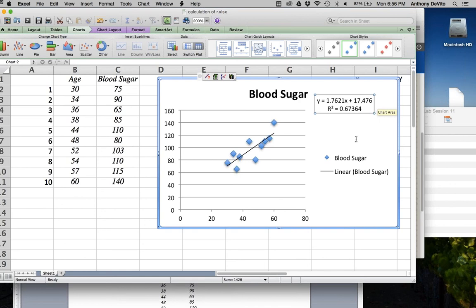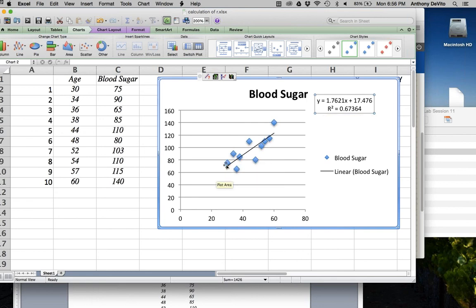Let's examine what happens when X is equal to zero. When X is zero, that means age is zero. That's my y-axis. So this line, if I were to extend it, would cross the y-axis where x is zero at 17.47, hence the term y-intercept.